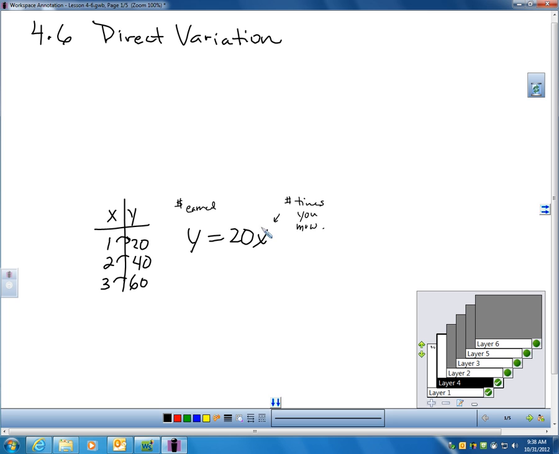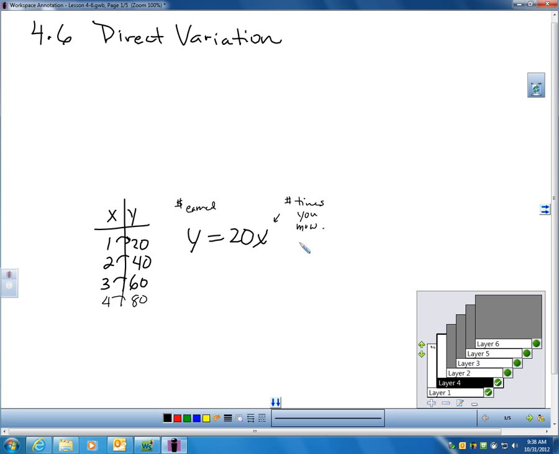If Mr. Lemansky's only gone a week and I mow one time, I'll make 20 bucks. If he needed me to mow the lawn twice, he'd give me 40, 2 times 20. If he needed it mowed 3 times, he'd pay me 60. If 4 times, he'd give me 80, and so on. This is an example of direct variation.